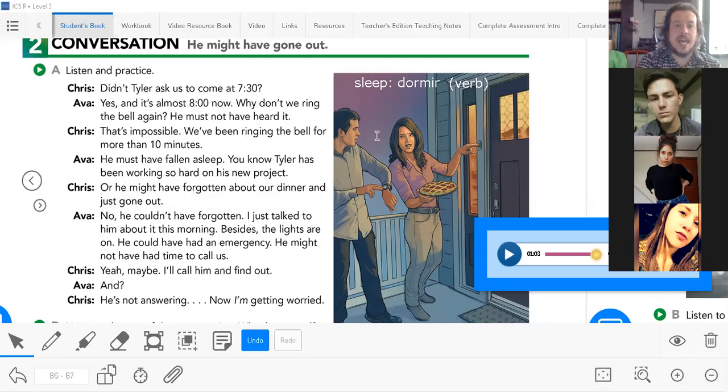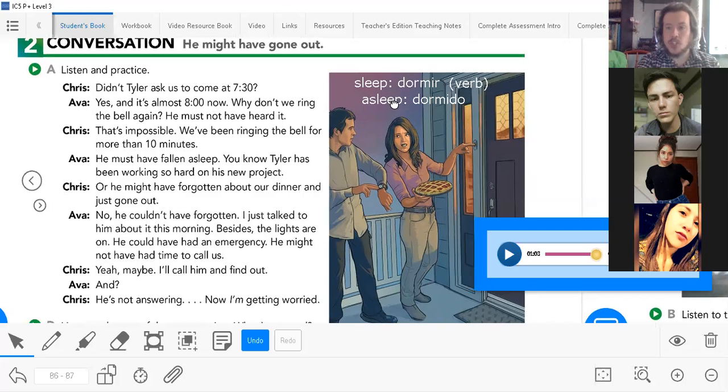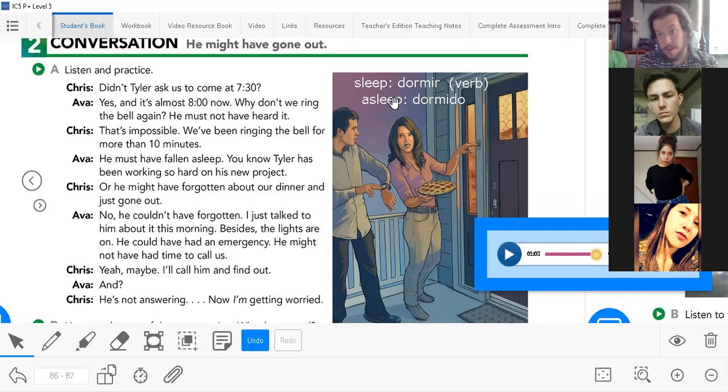Now, if you say asleep, this means dormido. So maybe this one is new, but it is good to know because it is a very, very common word. Es una palabra muy común, sin embargo. Entonces, no se olviden. Sleep, ya sabían esta. You knew this one very well. Dormir. But asleep, it means dormido o dormida.